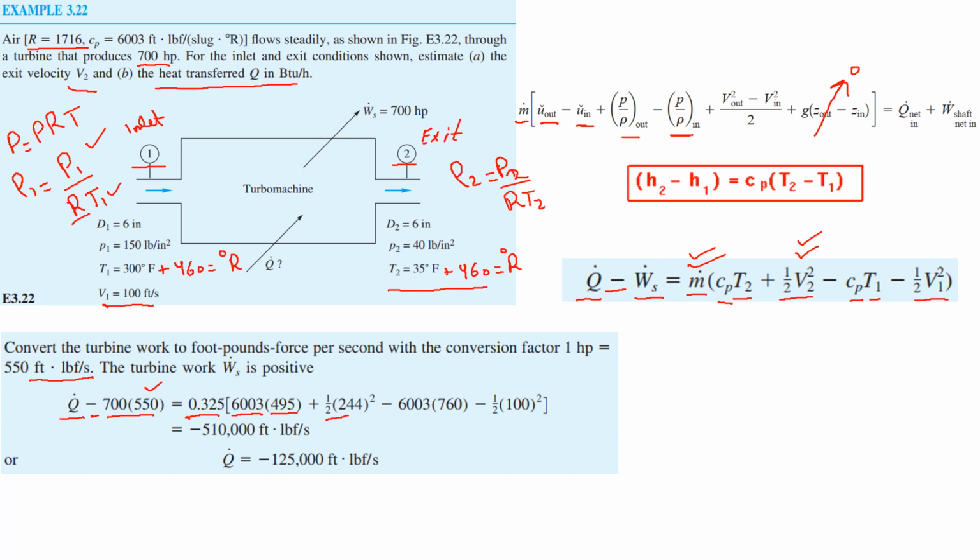This is our half rho V2 square, and this is our specific heat capacity and temperature T1. 300 plus 460 will come out to be 760. So minus half rho V1 square, and this right hand side will come out to be minus 5,10,000.